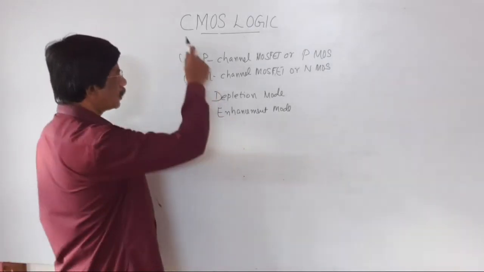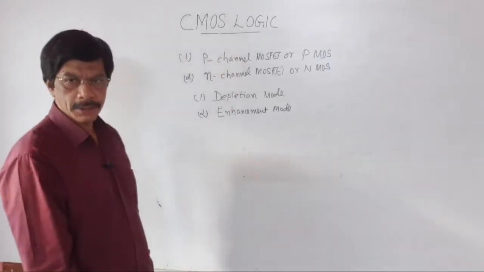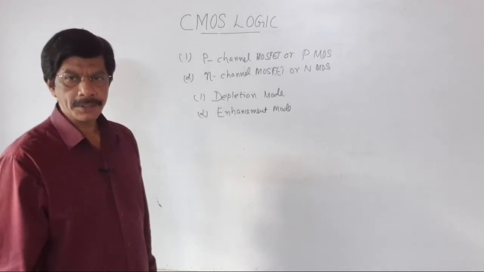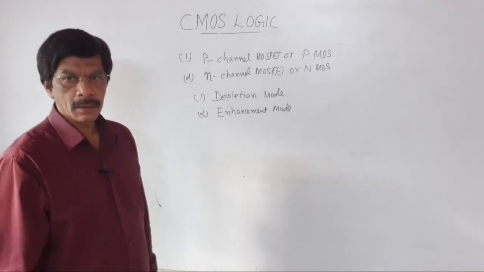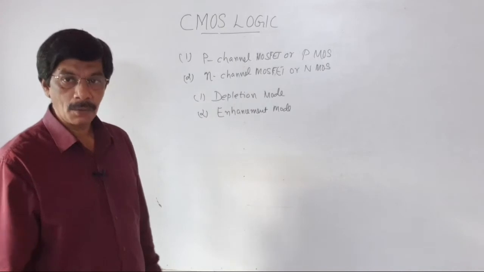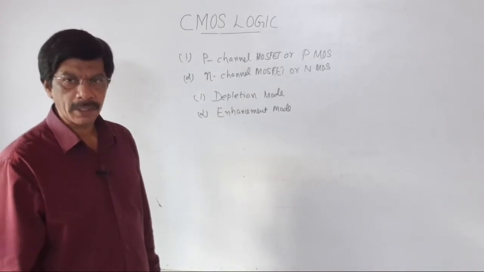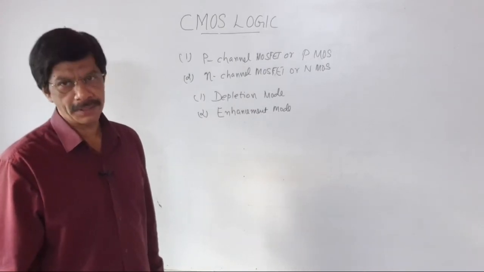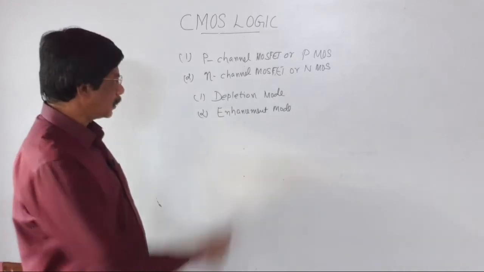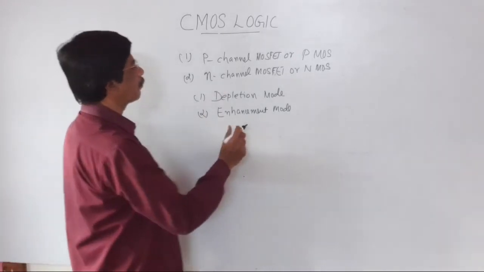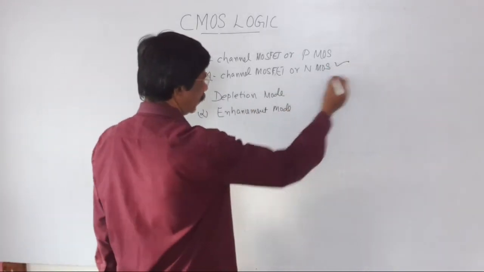Before discussing these CMOS logic circuits, let us see what the construction details are and how the MOSFET transistor works. So in this case, we select the N-channel MOSFET or NMOS.